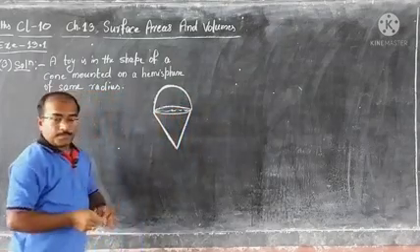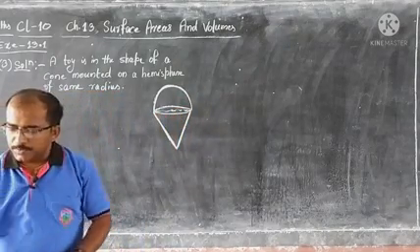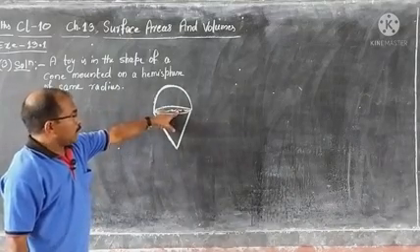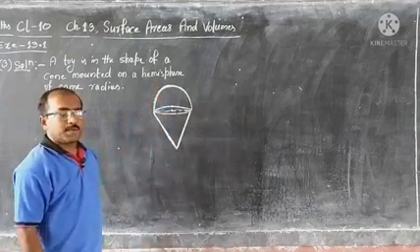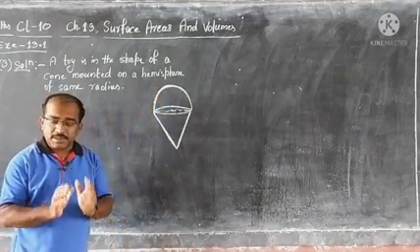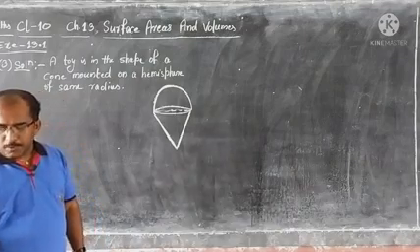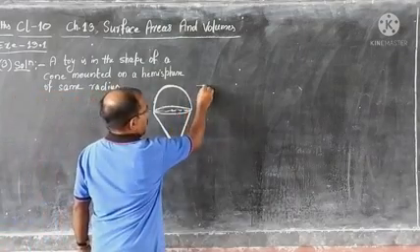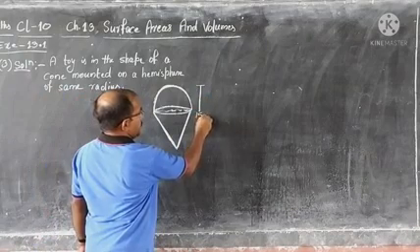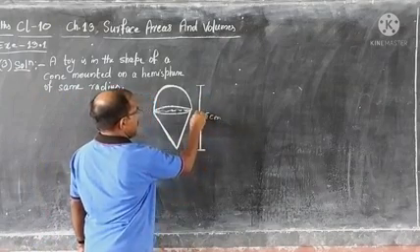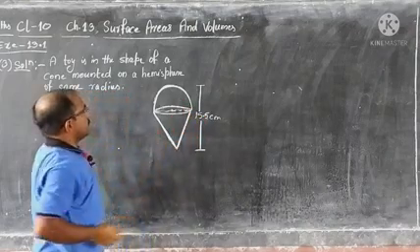Now, let us see the dimensions of the different shapes. First, the radius of the conical portion and the radius of the hemispherical portion are the same. The total height of the toy is 15.5 centimeter. The total height is given, that means including both parts, hemispherical part and conical part.